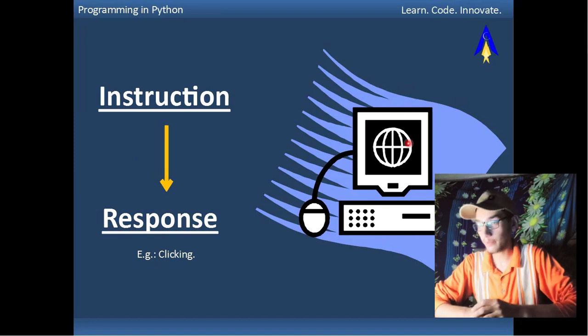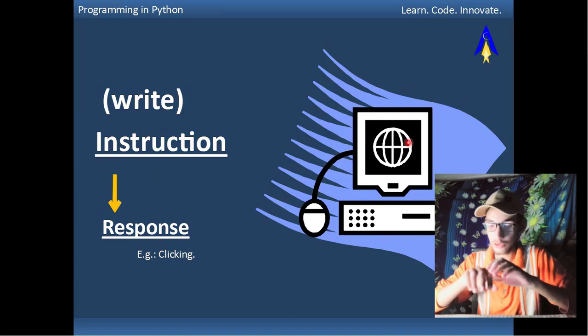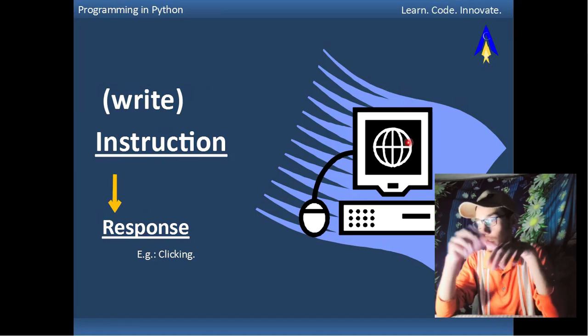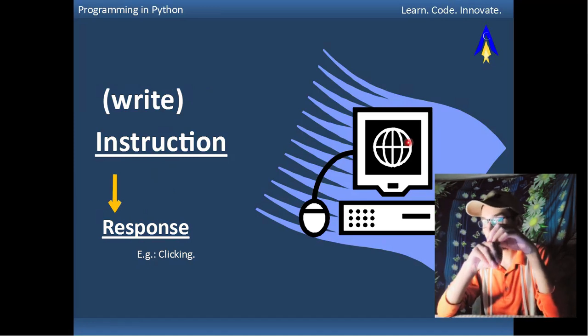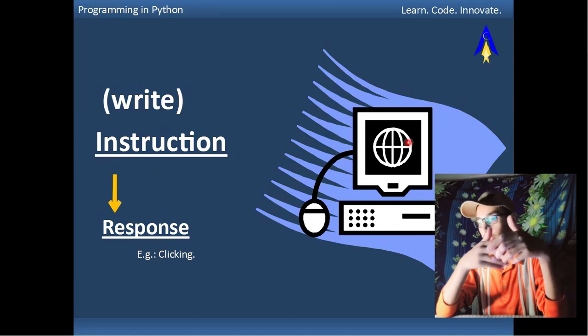In the same way, if we start writing those instructions in a file, obeying some rules which we will learn in the next classes, we call the process programming. So writing the instructions in a specific order is called programming.